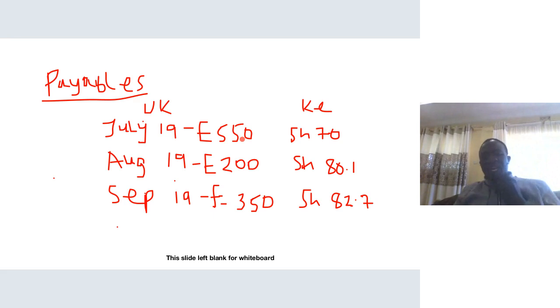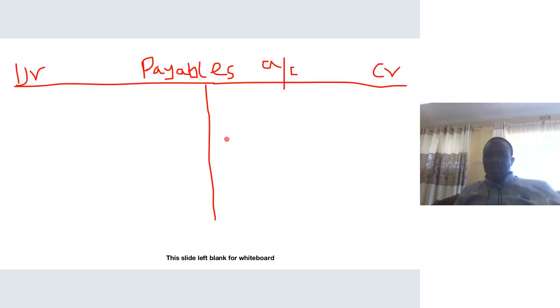Remember, these items are to be settled on a later date. So it means that we have created a liability in July 19 of 550 at an exchange rate of 70 shillings. Because this is an increase in liability, an increase in liability is always credited. So we go to our payables account.